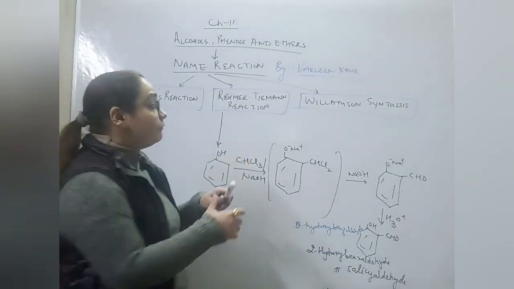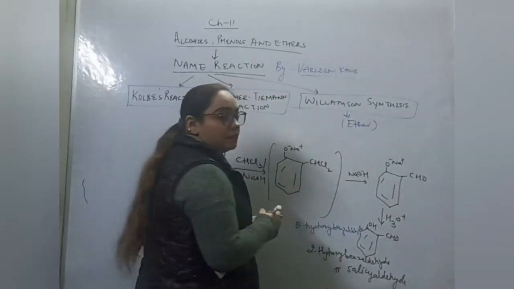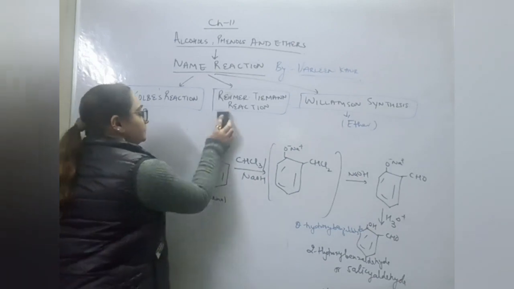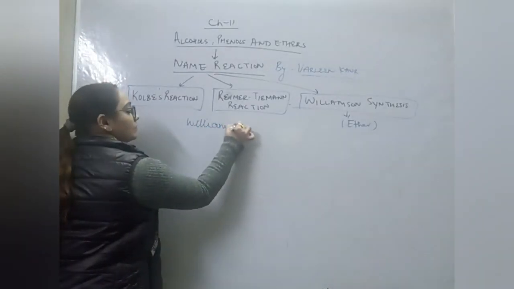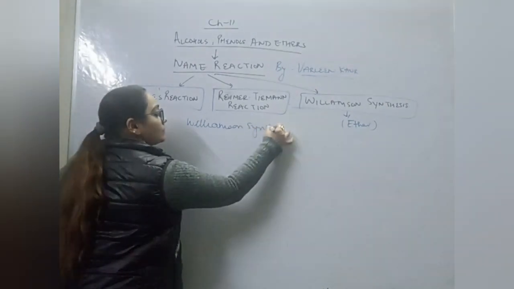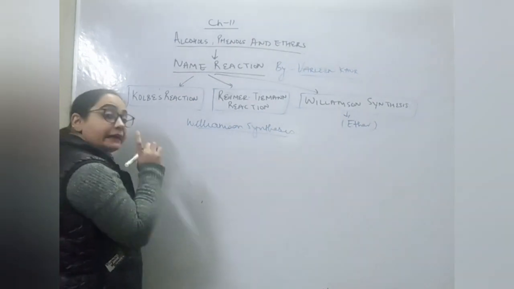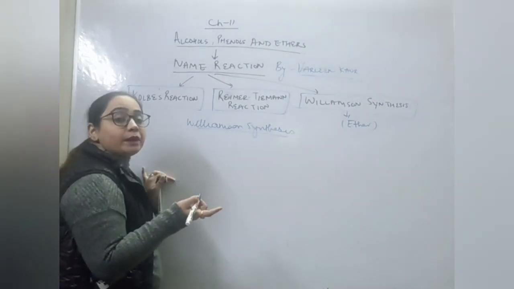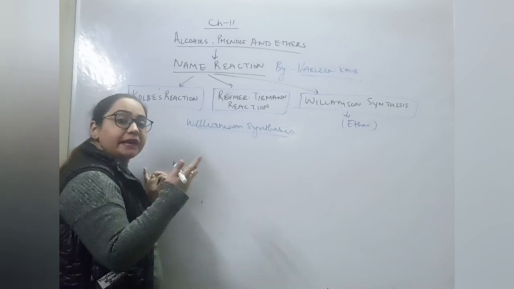This is actually from ether. From the part ether. So in this Williamson synthesis, we are preparing ether from alkyl halide and sodium alkoxide ion. So when we combine these two, we'll get the ether.